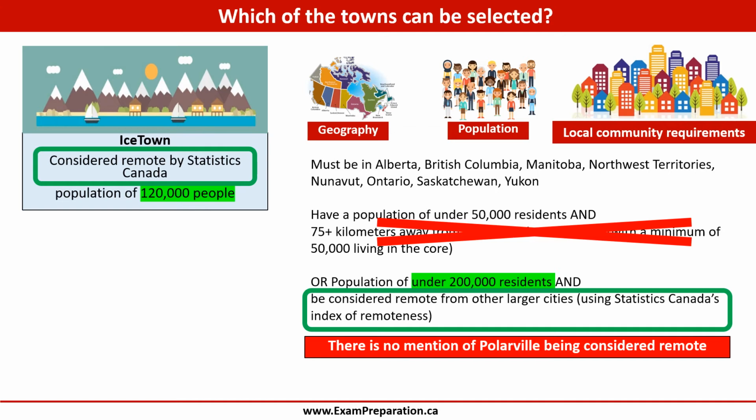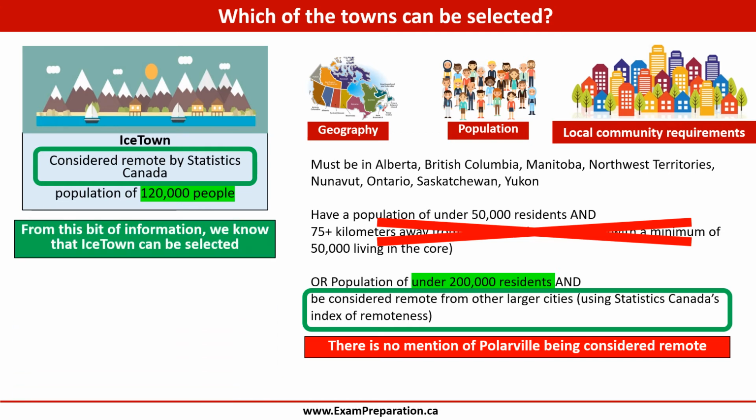Now, if we take a look at Polarville and our analysis of that, there's no mention of Polarville being considered remote or not being considered remote, right? That information was just not given to us. But with Icetown, it's pretty clear that it is considered remote. So from this bit of information, and I say bit of information because there wasn't that much information given about Icetown and Polarville, there's a lot of information that they just didn't give us.